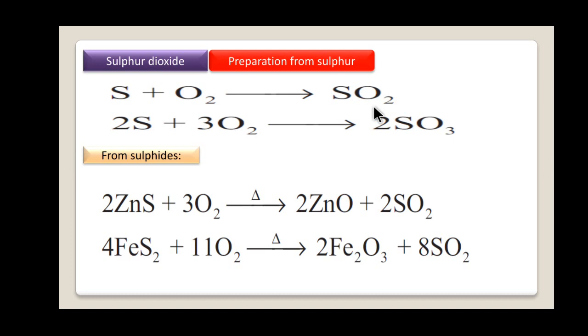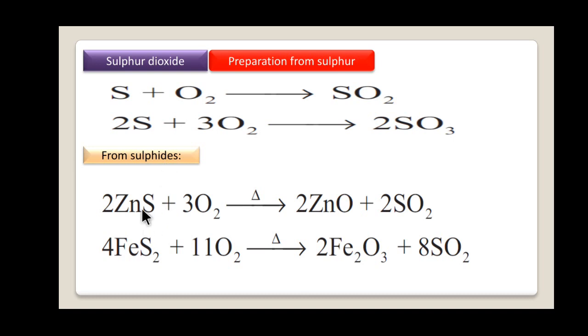Sulfur reacts with O2 to form SO2, and with excess O2 it forms SO3. Another source is sulfides.